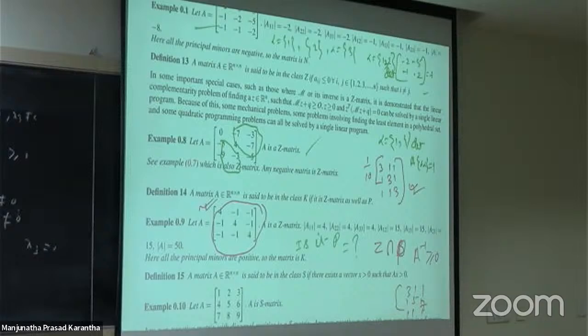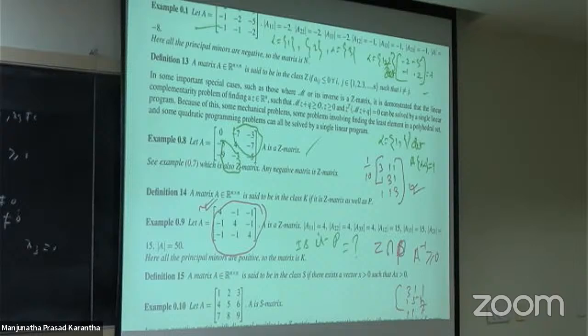The rows are 3, 1, 1; 1, 5, 1; 1, 1, 7. The determinant is positive, so it is a P matrix. But what is its inverse?